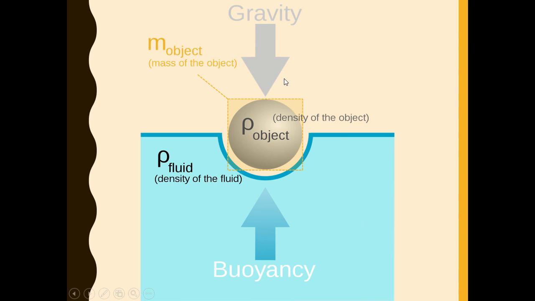Look, by this figure I think you will be more clear. Here m is the mass of the object, and this rho is the density of the object, and this rho is the density of the fluid.